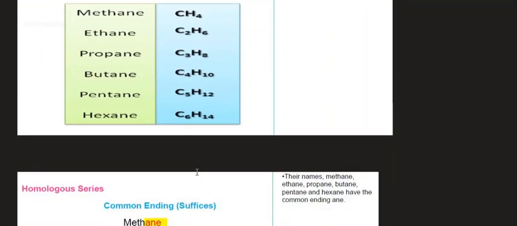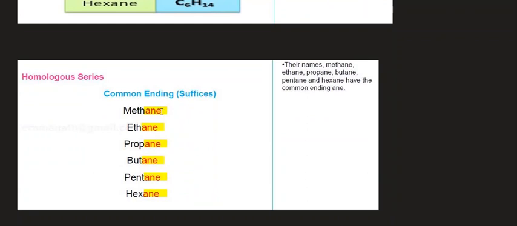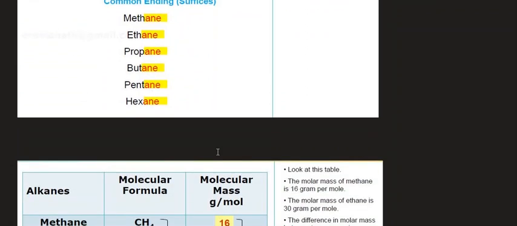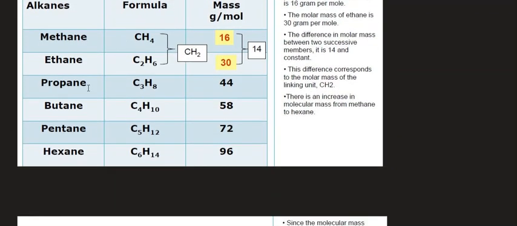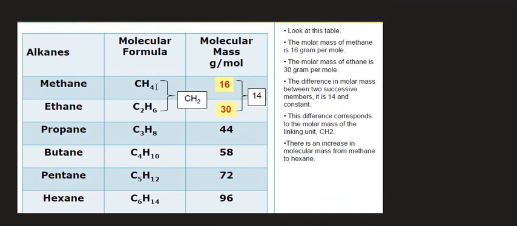So they have the same formula, CnH2n+2, and this is the simplified formula. And all of them have, as I already mentioned, the 'ane' suffix. So the common difference is CH2, CH2, CH2, CH2. And the molecular mass difference is maintained here as 14. So everywhere you can find the difference 14.